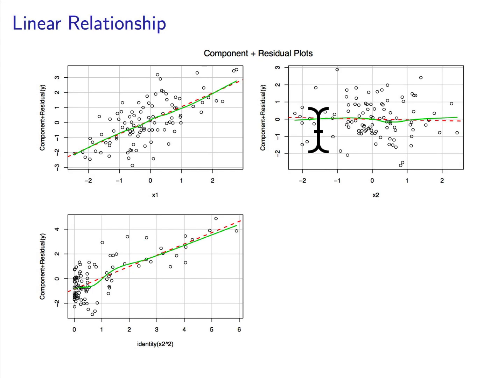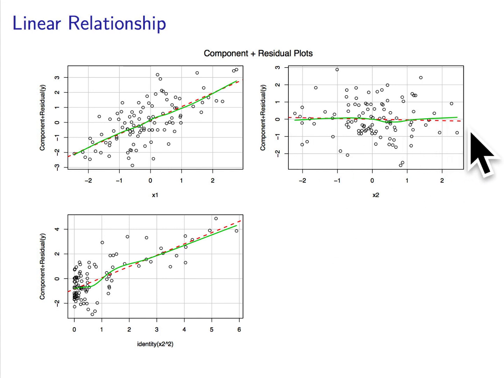Now, these component residual plots look much nicer in the second model. Another thing that you can use these component residual plots for is to visually inspect which variables are contributing to your model. Here we see that beta 1 and beta 3 look like they have non-zero slopes, but the slope for beta 2 is quite flat.